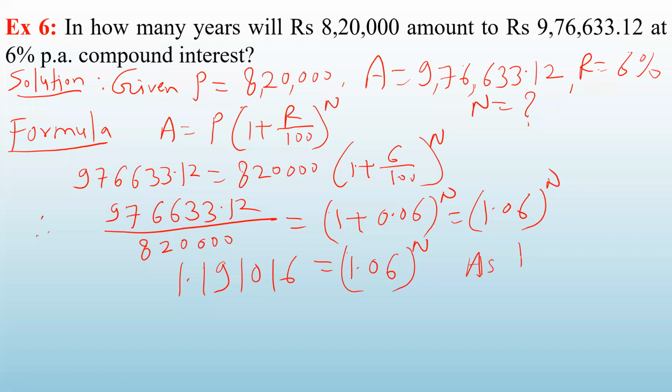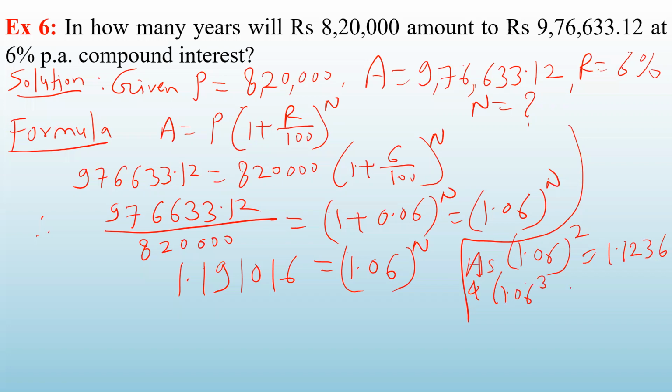Find out 1.06 square. 1.06 square is 1.1236, and what is 1.06 raised to power 3? That gives you 1.191016. So you can see that you are getting it here. So 1.06 raised to power 3 is giving you this number.